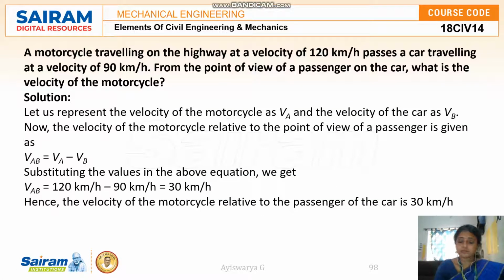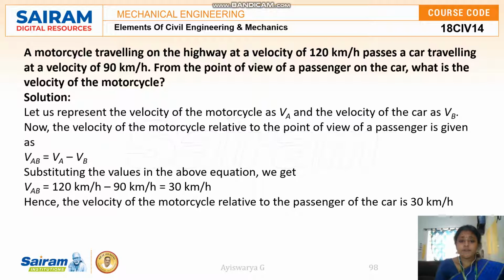Okay, now I will explain to you about the relative motion numerical. Okay, so here is a question which says a motorcycle traveling on the highway at a velocity of 120 km per hour passes a car traveling at a velocity of 90 km per hour.